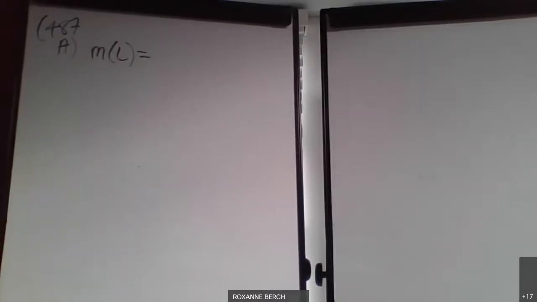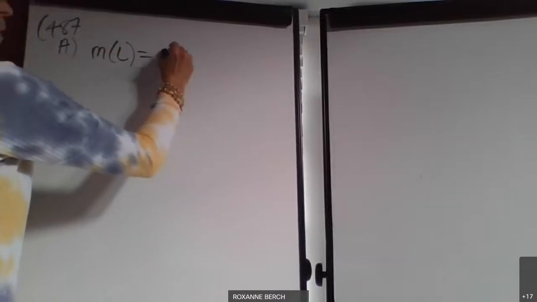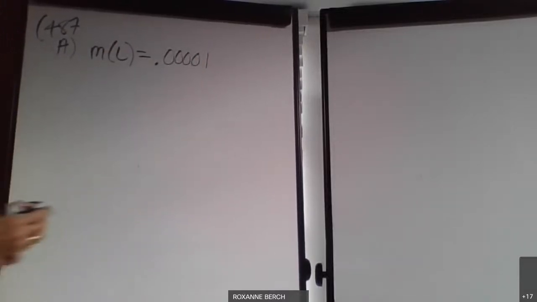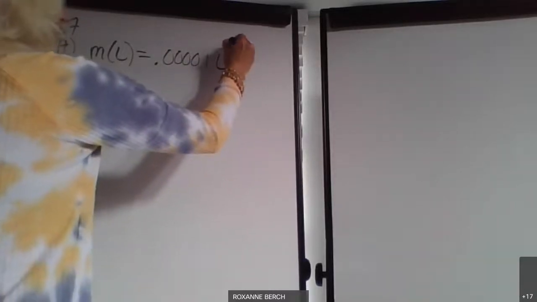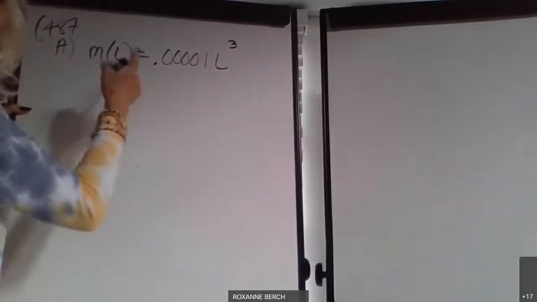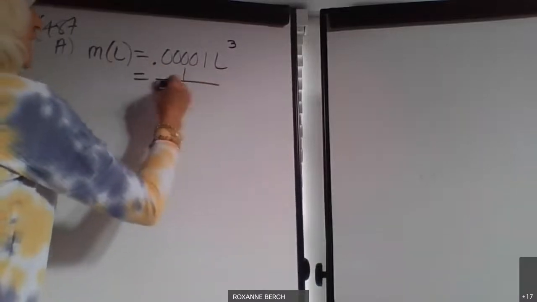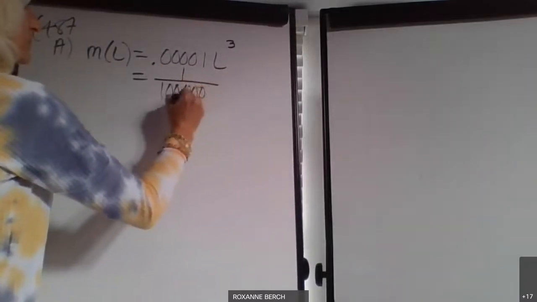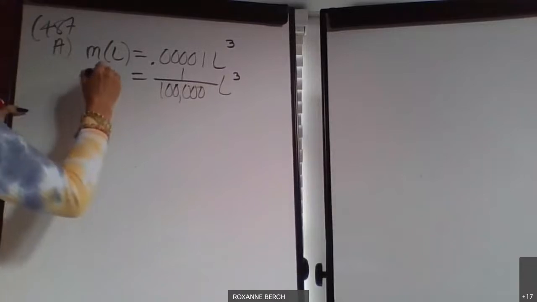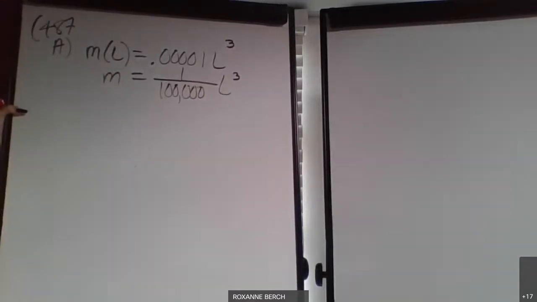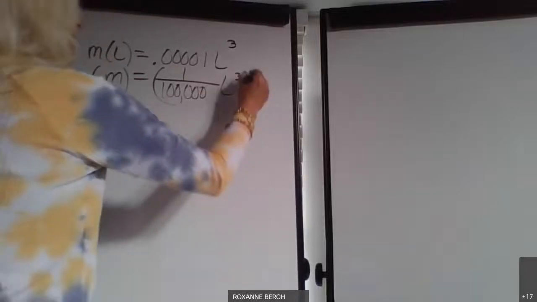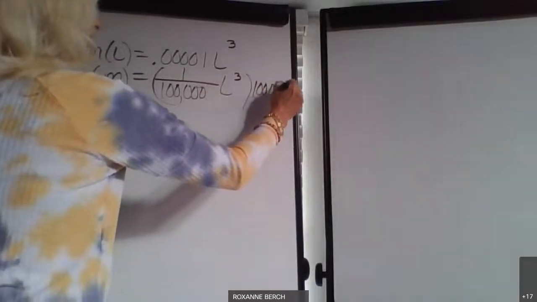So they're telling us that the function is the mass in terms of length, and it's equal to 0.12341, which is 1 over 100,000 L cubed. Now, I would change this decimal to 1 over 100,000. This is m. So the first thing we're going to do is multiply both sides by 100,000.